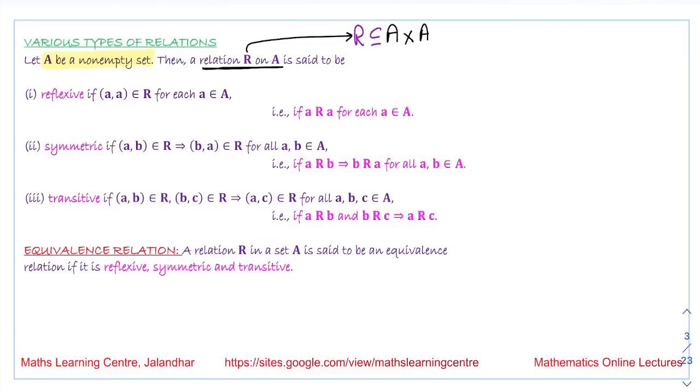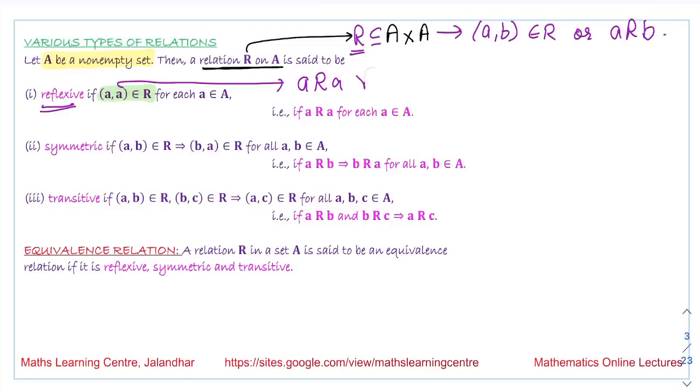So a relation R is said to be reflexive if (a, a) belongs to R. When we are considering an element (a, b) belongs to R, we can also write it as A is related to B. So we are saying the relation R is reflexive if A is related to A for every a belongs to A. If we take any element from the set A, then that element is related to itself.